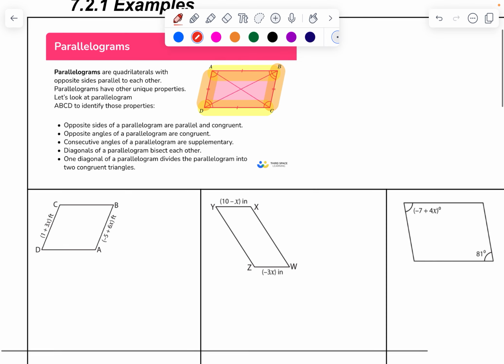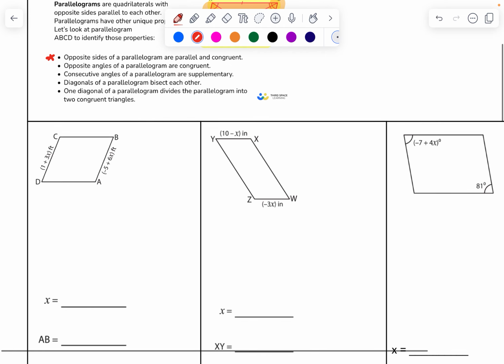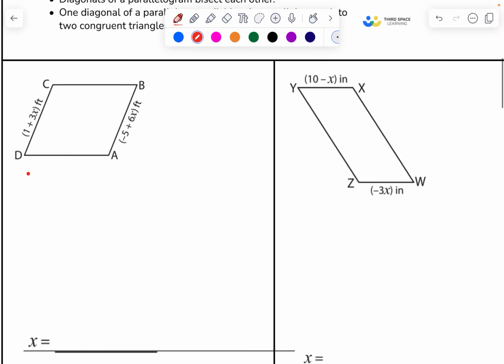So let's look here. I know they're giving me sides, so I'm going to be using this first property here: opposite sides of a parallelogram are congruent. So I know that 1 plus 3x is equal to negative 5 plus 6x.